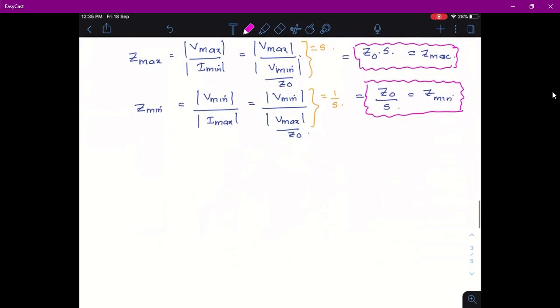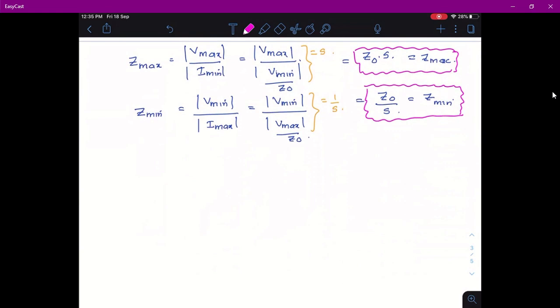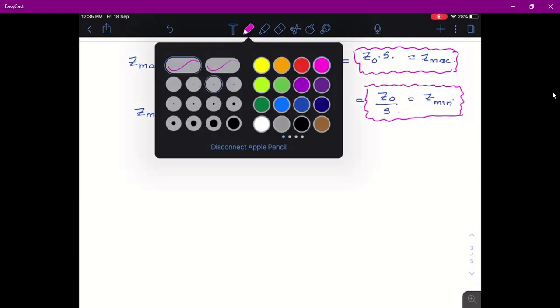Okay. Fine. So, that completes our discussion on standing wave ratio. Now, let us look at the average power at a distance L dash from the load.